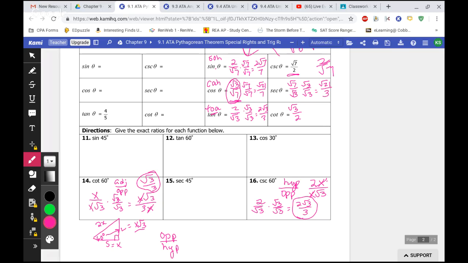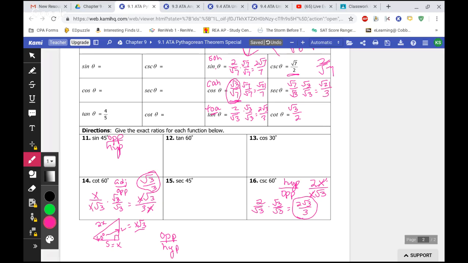Yes. If you think about sine 45, sine is opposite over hypotenuse, right? Yes. Would you just type in sine 45 and that's it? I mean, you definitely could do that, for sure.